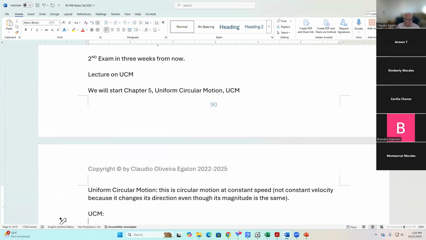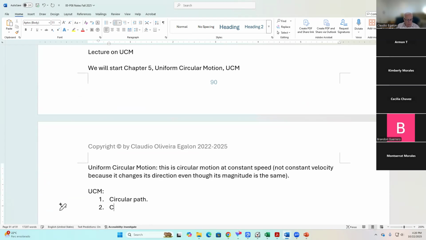UCM 1: circular path, constant speed, variable velocity vector. The velocity vector changes direction, but not its magnitude.